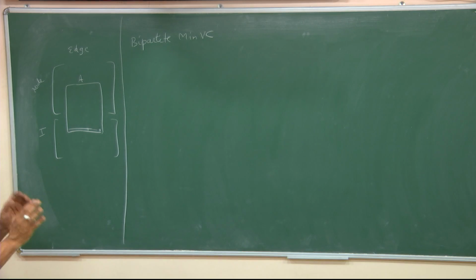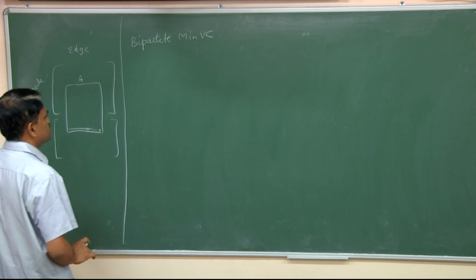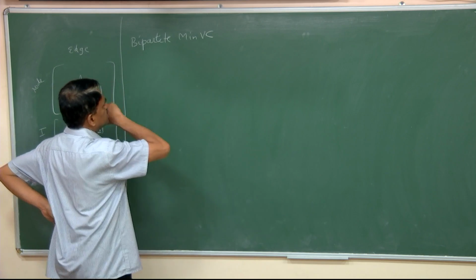I'm going to explain what a primal-dual algorithm is. It's a very nice class of combinatorial algorithms which uses LP duality but doesn't really solve the LP. Okay, so that's next. For now, let's just look at the bipartite min vertex cover problem.